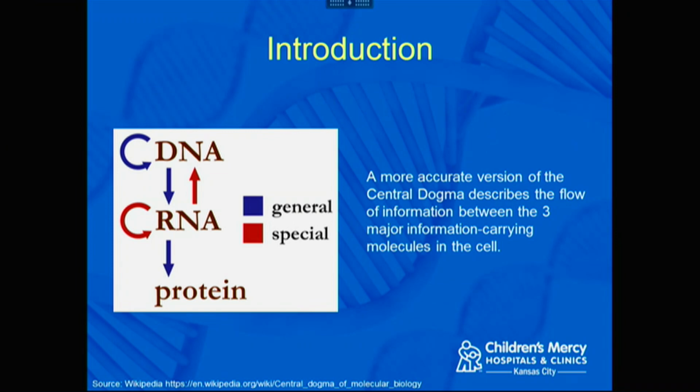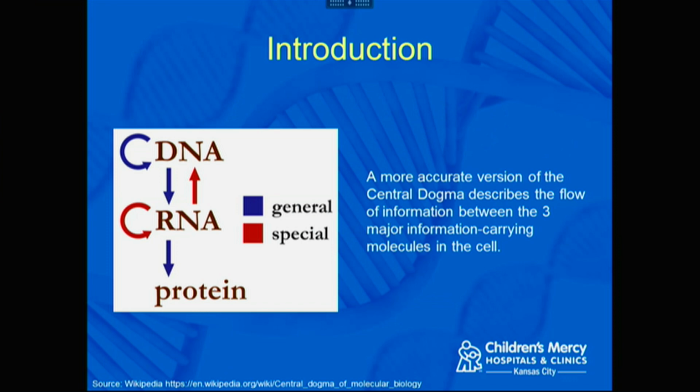So a slightly more sophisticated version of the central dogma is more about how information flows between these biomolecules. We all know that DNA can be transcribed to RNA, and RNA can be translated into proteins, but there are other processes as well. For example, DNA replicates itself, so that's when a copy of DNA is made from a DNA template.